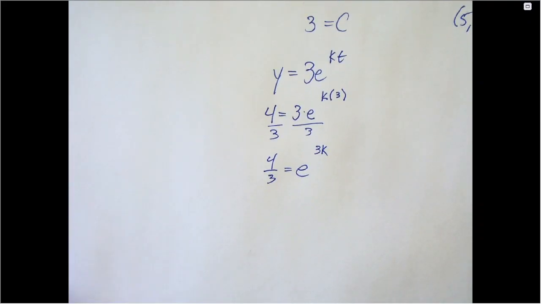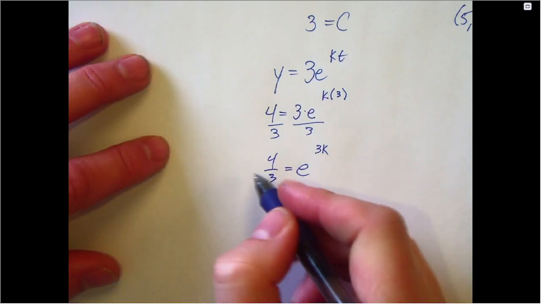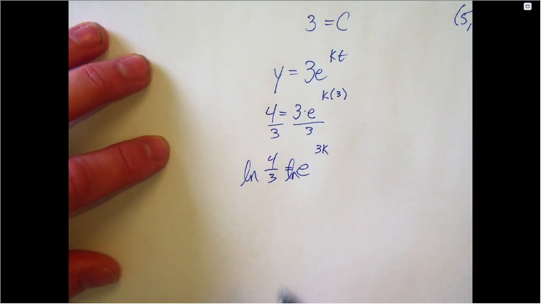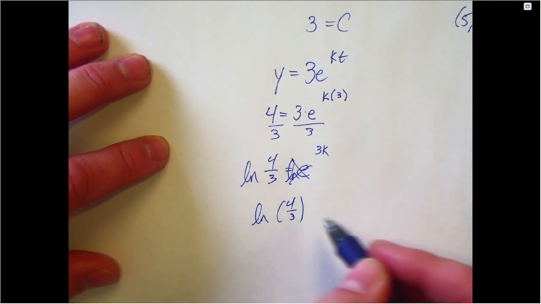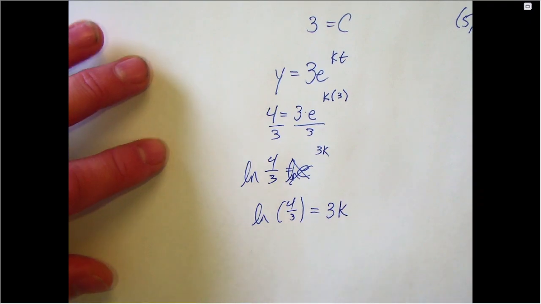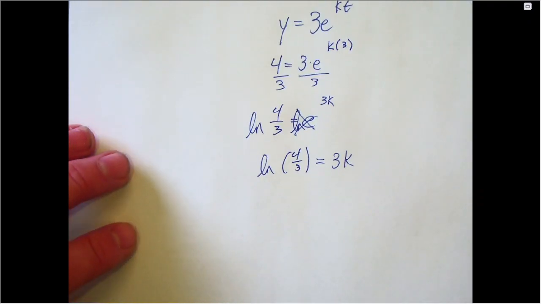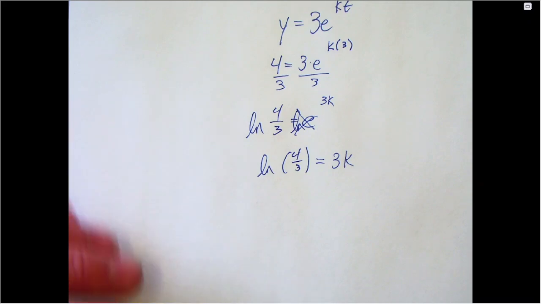But I've got an issue where my variable is upstairs in the exponent. Remember how to get that down? ln both sides. So then I get the ln of 4/3, the ln and the e go away, and that equals 3k. And then divide by 3.